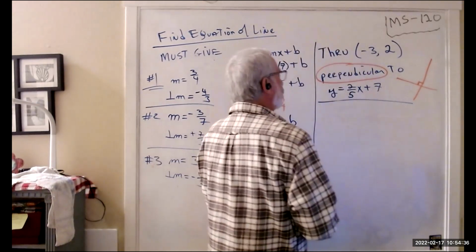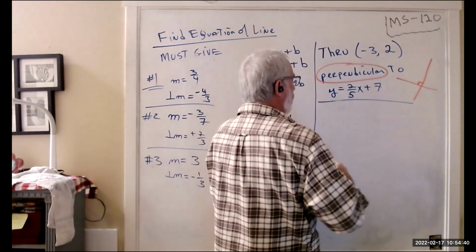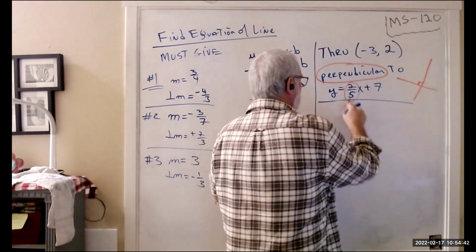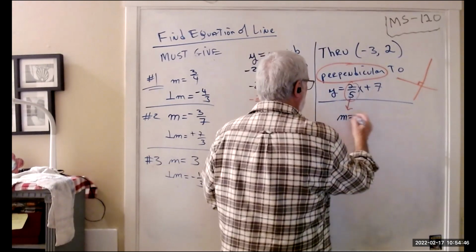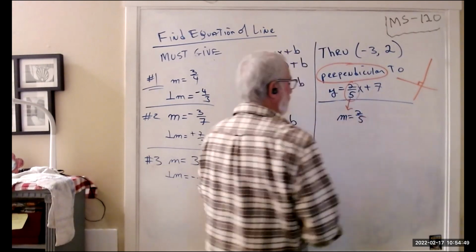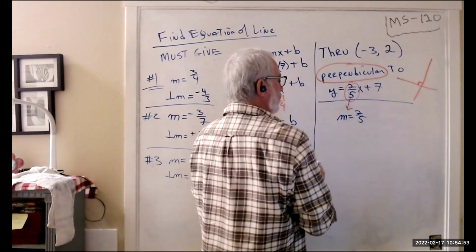My thinking is something like this. The slope right now is 2/5. But the problem says you've got to use the perpendicular.